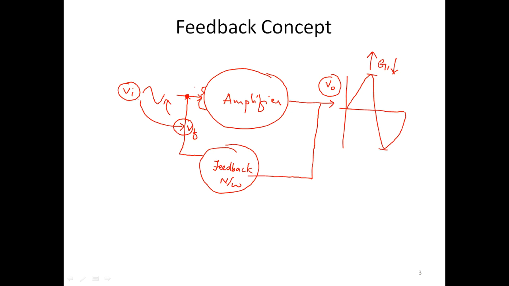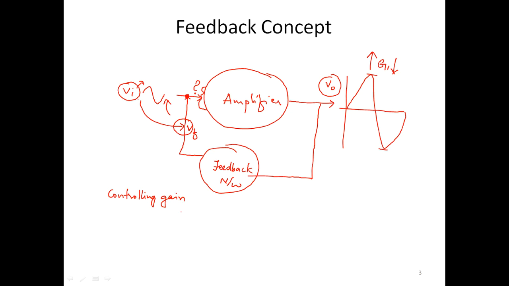So the actual input which is being fed to the amplifier will be the mixture of the real input signal and the feedback signal. So in what way does this actually help? Taking a feedback helps in two aspects. One is controlling the gain.